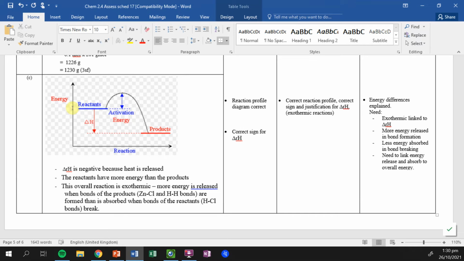Remember, absorbing heat energy to break bonds, and then making bonds release this energy. So we're looking at the comparison between what needed to be absorbed to break everything versus what is released. Since it's released so much energy, those products would now have less energy stored in their bonds. Does that make sense to everybody?